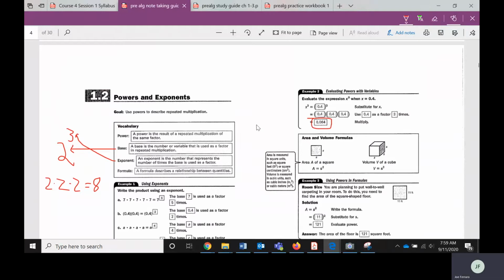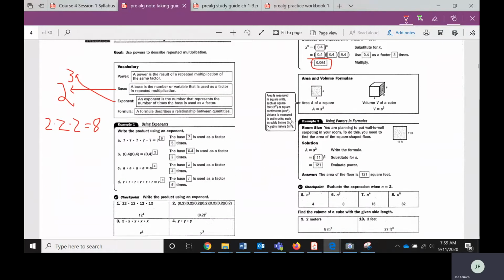The last type of problem is just talking about area and volume of either a square or a cube. The reason we can do these shapes is because in squares all sides are the same, and in cubes all edges are the same. When you're finding the area of a square, it's length times width.